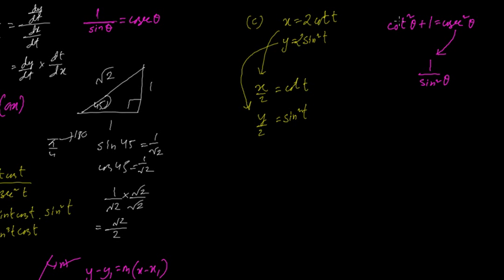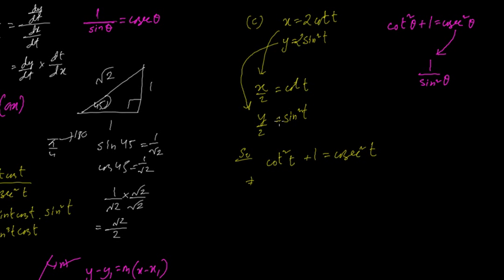So we can easily use this identity to put these two and have the Cartesian equation. So cot squared t plus 1 equals cosec squared t.